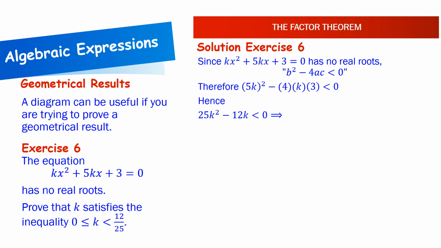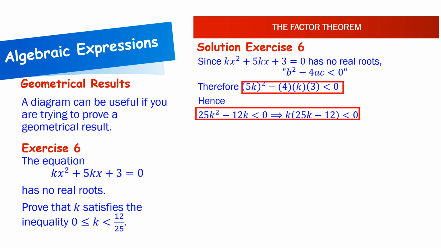And therefore, if we tidy up on the left-hand side, we obtain 25k squared minus 12k is less than 0. This implies that k times (25k minus 12) is less than 0, since we've factorized the left-hand side.